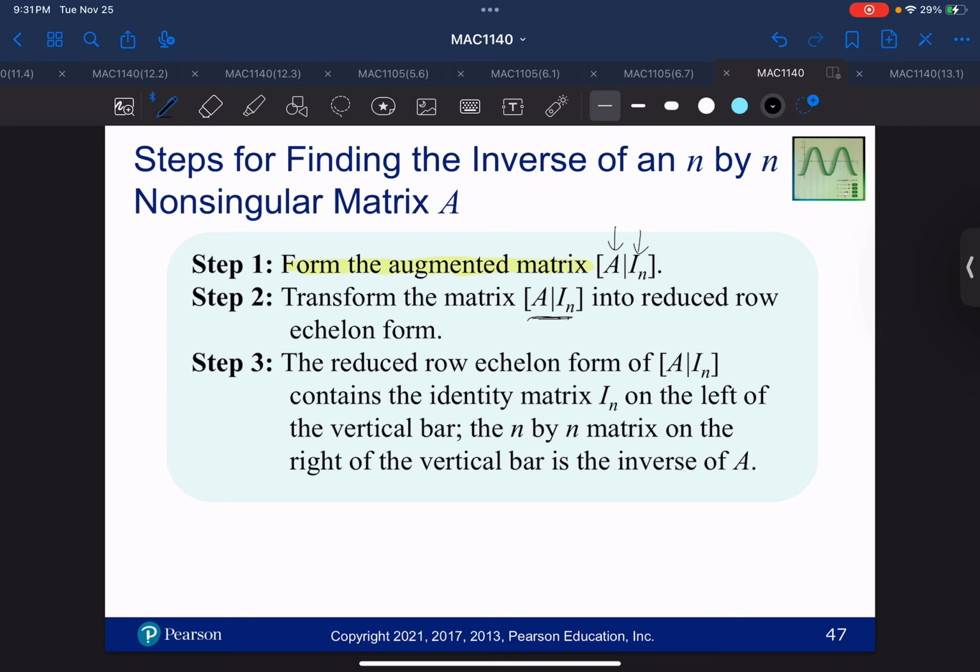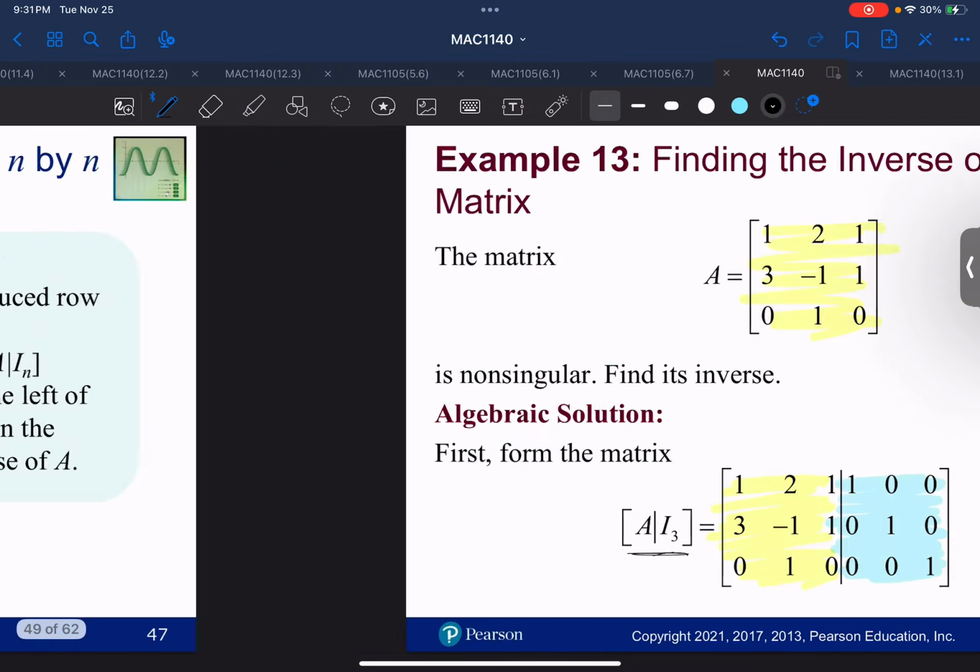Once we get it in reduced row echelon form, it should contain the identity matrix on the left of the vertical bar now. And the n by n matrix on the right of the vertical bar will be the inverse of A.